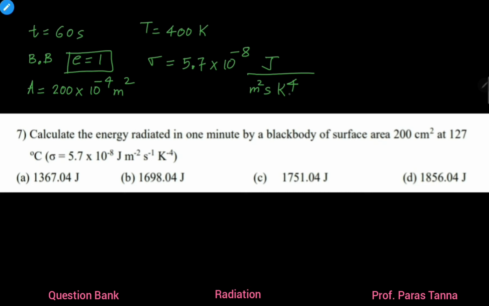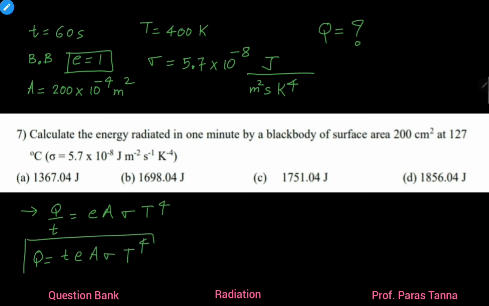Over here we have to find out the energy radiated by the black body. That means Q is equals to how much? Students, using the formula that we got from Stefan-Boltzmann law of radiation, we say Q by T is equals to E A sigma T raised to 4. So the required value of Q can be taken as T into E A sigma T raised to 4.